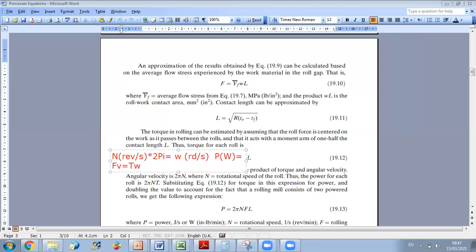Okay, so the torque unit is Newton meter, and the angular velocity unit is radian per second, and radian doesn't have a unit. So when you multiply Newton meter by radian per second, you get unit joule per second, and joule per second is what? Is power.